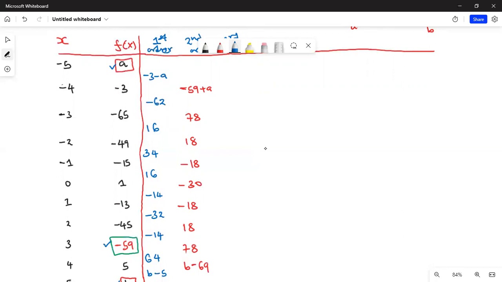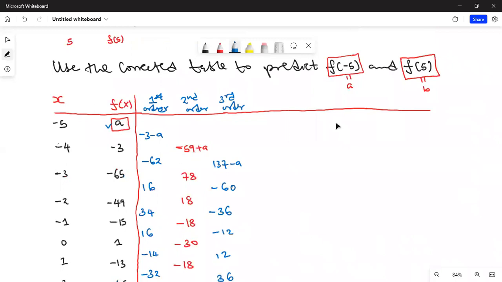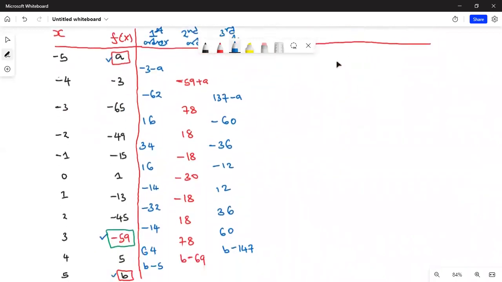That is 137. So I'll write it here, 137. Remember, it is minus a because we are subtracting. 18 minus 78, that should give you -60. Proceed with the subtraction under the third order column. So these are the correct values under the third order column.